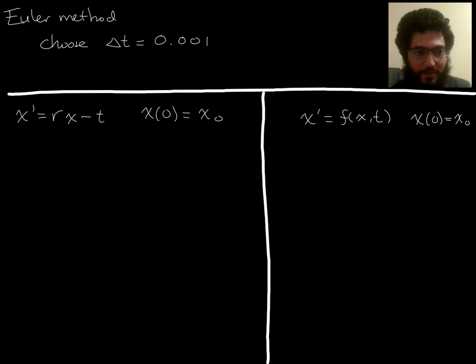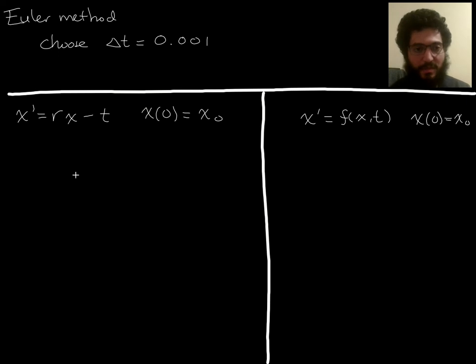So before I put the minus t, it was like a population growth or something like that, assuming r is positive, then it's population growth. If I put minus t, then it's like there's some constant rate of death which is increasing.